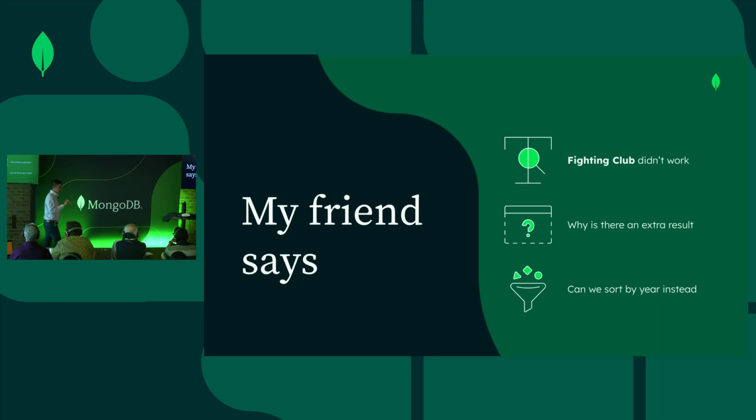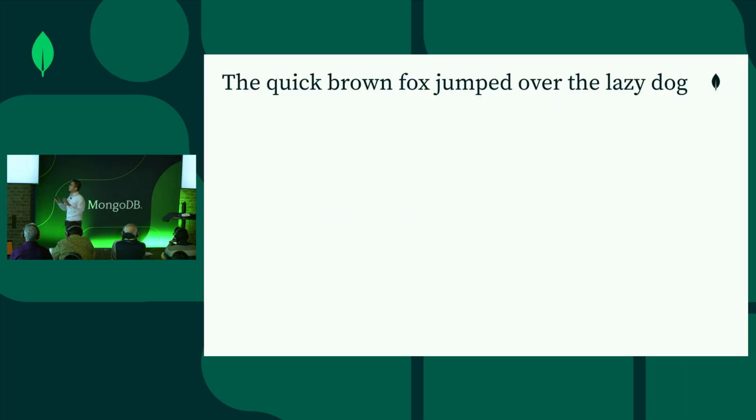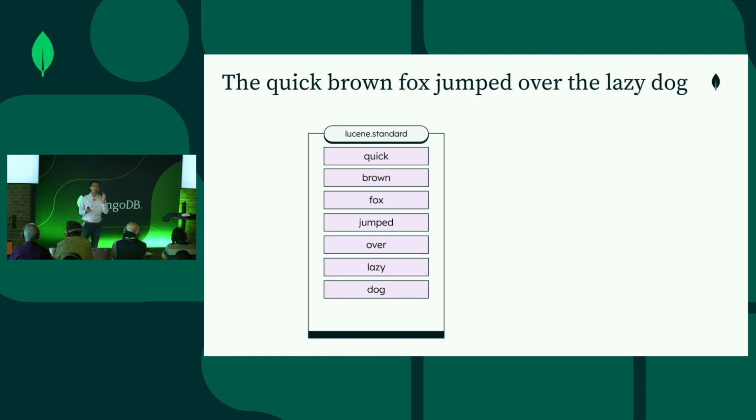Now, in order to understand why Fighting Club didn't work, let's take an example phrase: the quick brown fox jumped over the lazy dog. Initially, if you recall, the mapping that we did in the index, dynamic true, took a default analyzer called Lucene Standard. What it does is break this phrase down into smaller words: quick, brown, fox, and so forth.